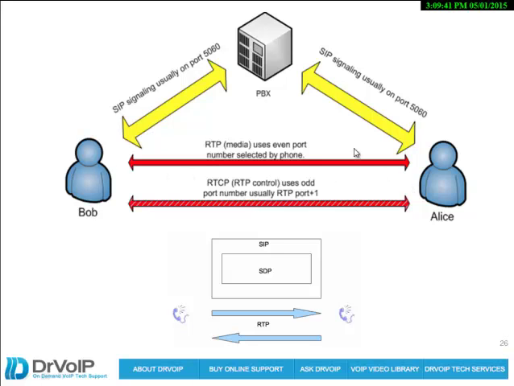Once the call is set up, the traffic flows from Bob's handset to Alice's handset through a protocol called RTP, real-time protocol, and some RTCP protocol, which helps control the sequence of those UDP messages.